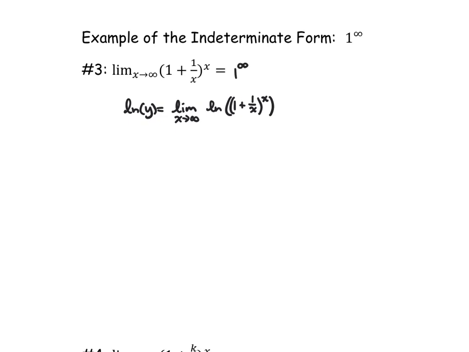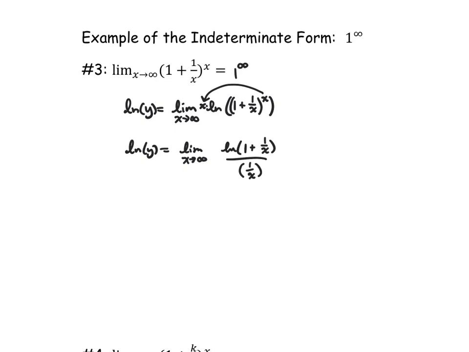Okay, now I'm going to bring that x down in front using rules of logarithms. So the natural log of y would equal the limit as x approaches infinity of the natural log of 1 plus 1 over x over, I'm just going to anticipate, 1 over x.